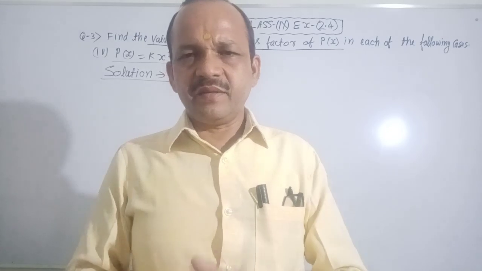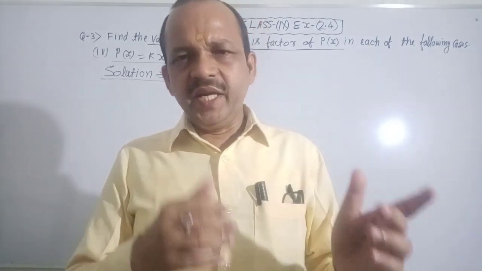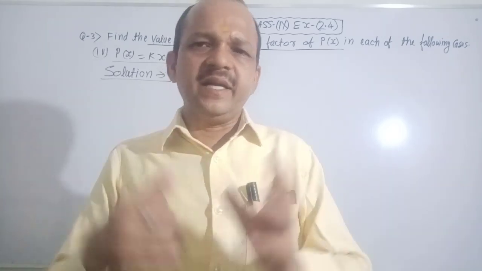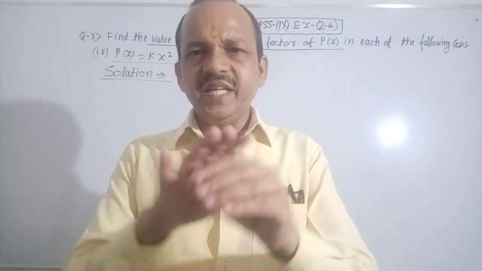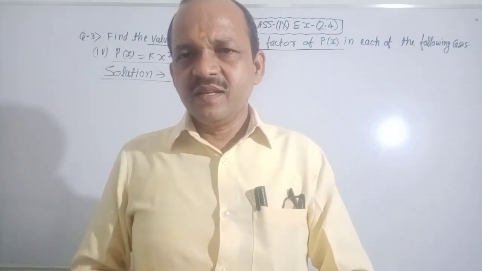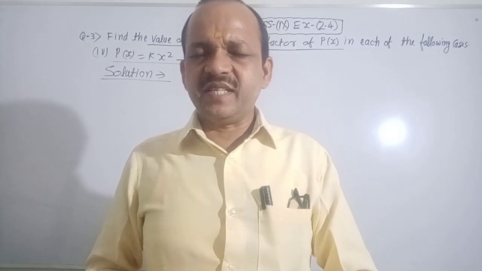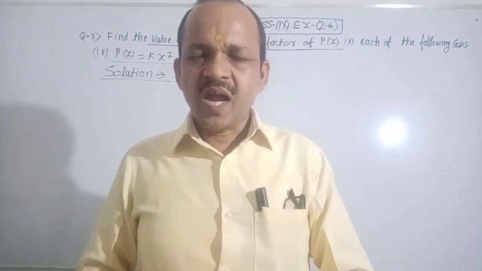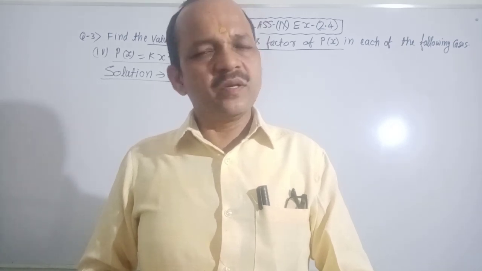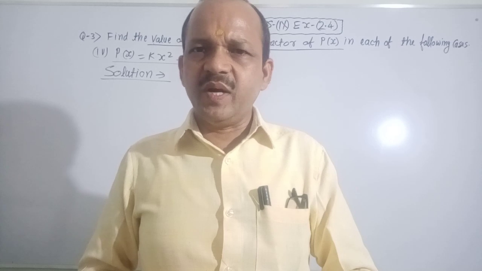Then you put it in p(x) and compare the right side and left side. In this way you can find the value of k. It is very easy. You can solve your question very easily, but concentrate your mind, listen to my words and see the board with full concentration. Are my words clear? No confusion about it?